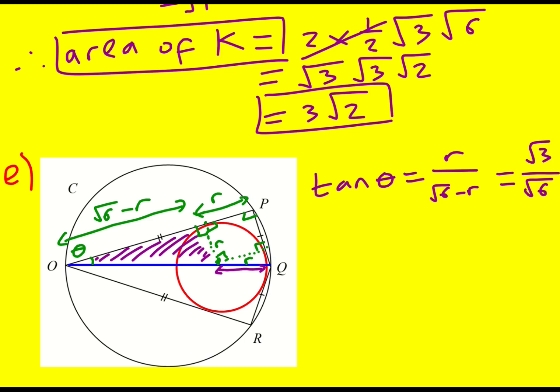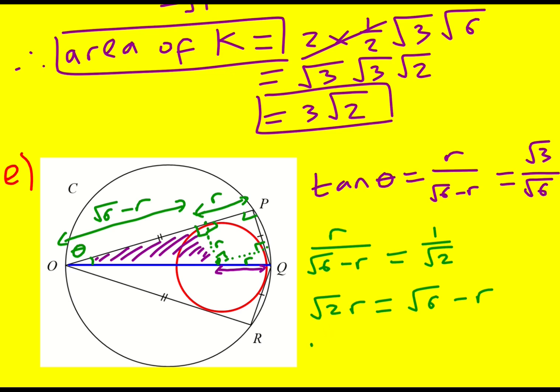Now we can simplify this. So r over root 6 minus r will equal, I can divide by root 3, 1 over root 2. We knew there was a root 2 in the answer. I'm going to cross multiply. So root 2r is equal to root 6 minus r.